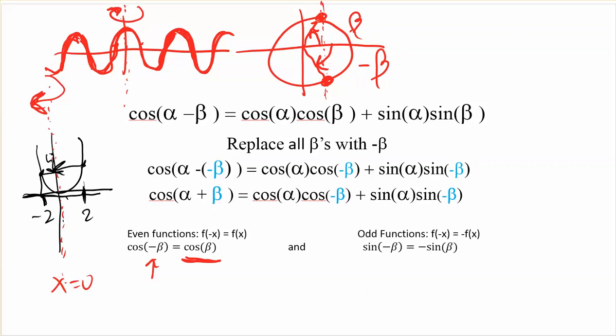And it's the same reason that the symmetric solution for solving cosine functions is the negative of the preliminary solution. If you watch some of my previous videos, that would make more sense. Okay, so now with this information, we can take our cosine negative beta and plug in cosine beta for that.